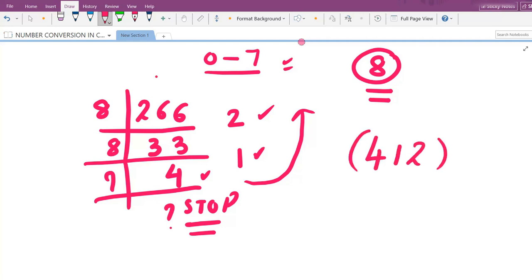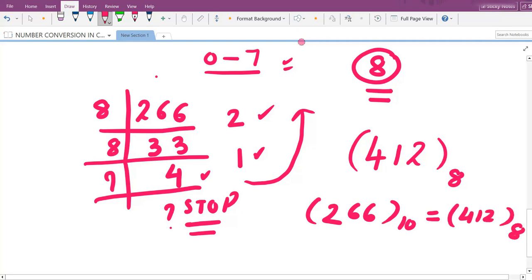And yes, now writing the base is mandatory. Why mandatory? The 0 1 was easy and clear to identify, but now the problem will come, because if anybody sees 4 1 2, it will look like it is in decimal, which can give confusion. So writing 8 will solve your problem. 266 was a decimal number, so we put 266 with base 10 is equal to 4 1 2, close the bracket and put 8 here.